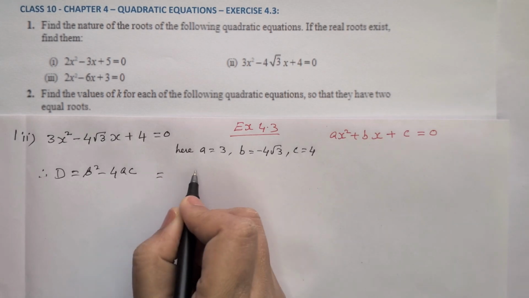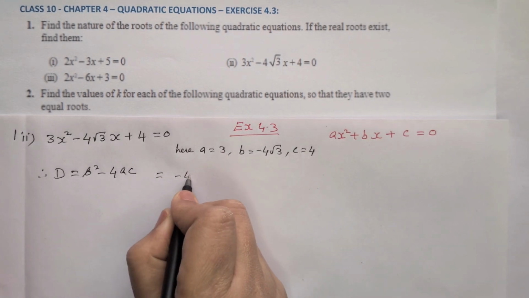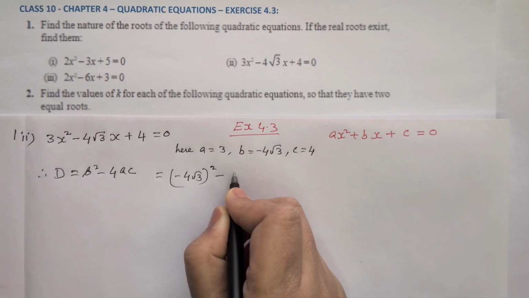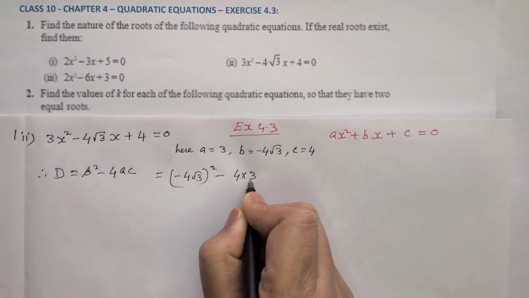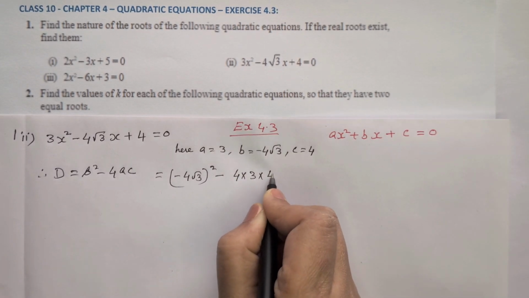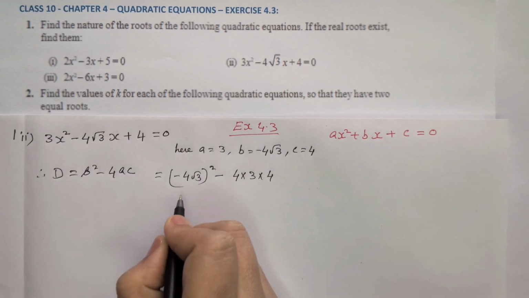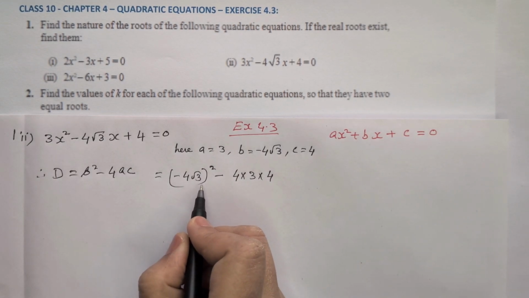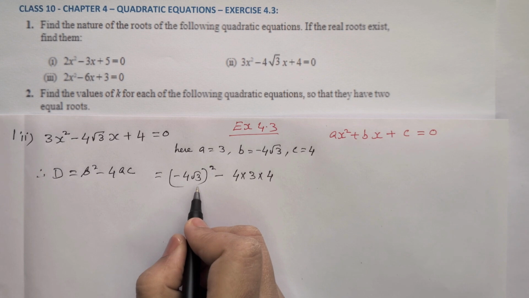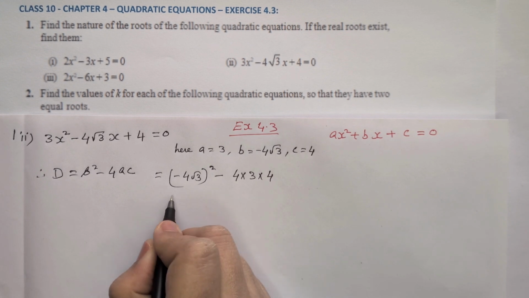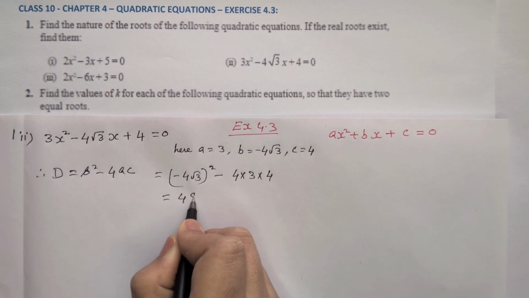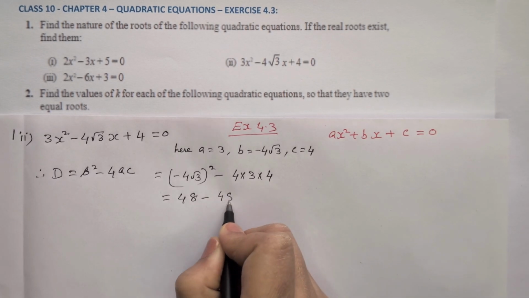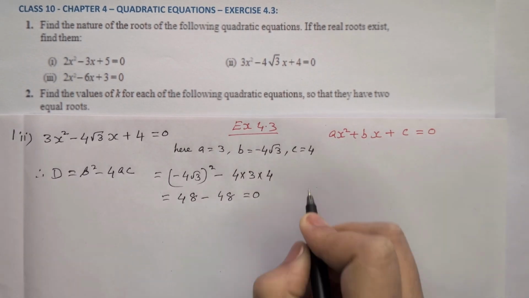That means b is −4√3 the whole square, minus 4 into 3 into 4, a and c. Here 4 into 4, 16, 16 into root 3 squared, 3. So 16 into 3, it will come 48. 48 minus 4 into 3, 12 into 4, 48.